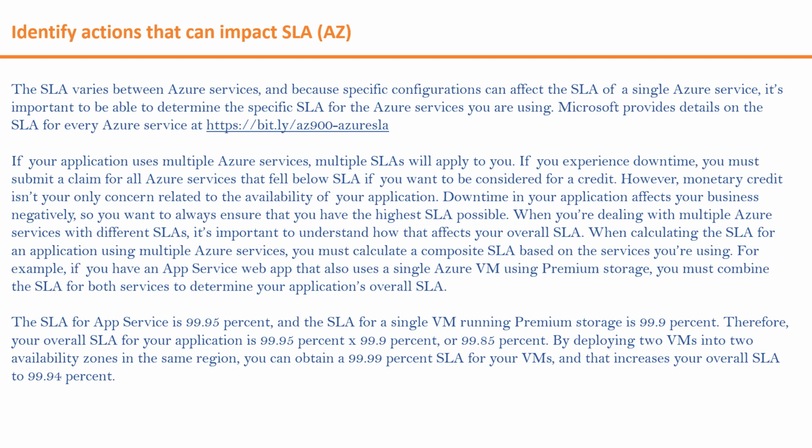The SLA for app service is 99.95% and the SLA for a single VM running premium storage is 99.9%. Therefore, the overall SLA of your application is 99.95% times 99.9%, or 99.85%. By deploying two VMs into two availability zones in the same region, you can obtain a 99.99% SLA for the VMs, and that increases your overall SLA to 99.94%.